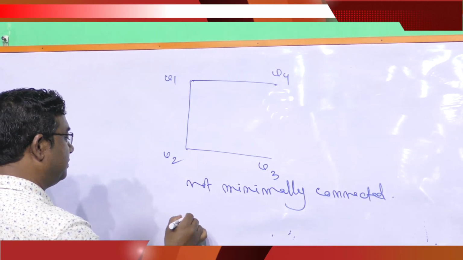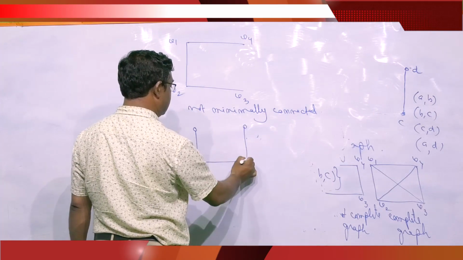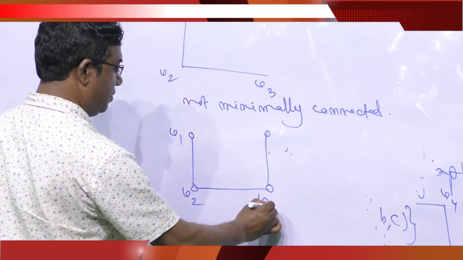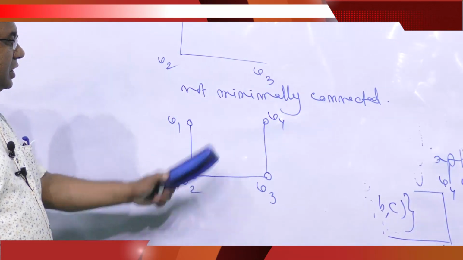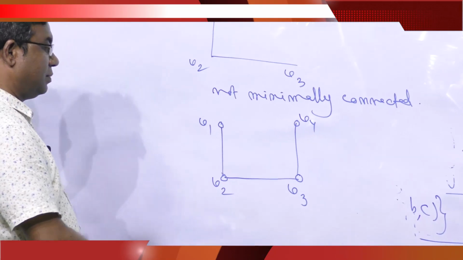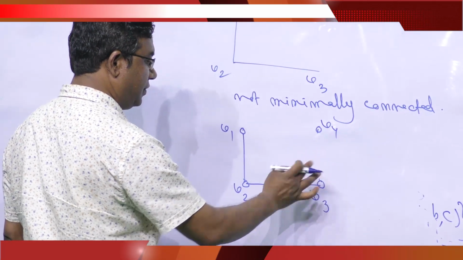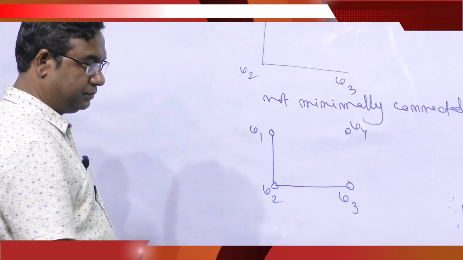Suppose there is a graph, say B1, B2, B3, B4. If we remove one edge, suppose we remove this edge, then it becomes disconnected.